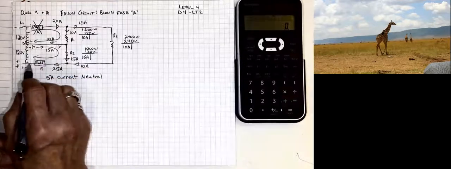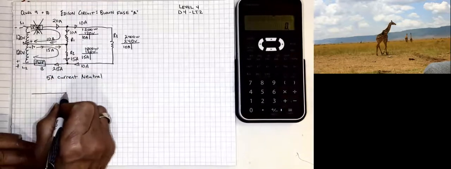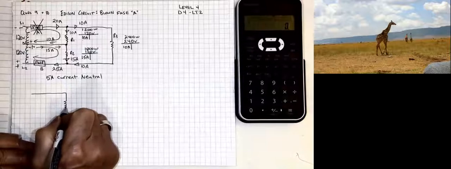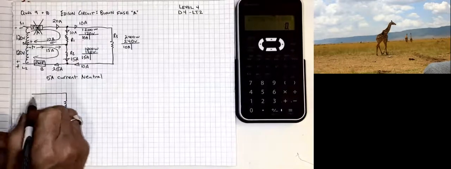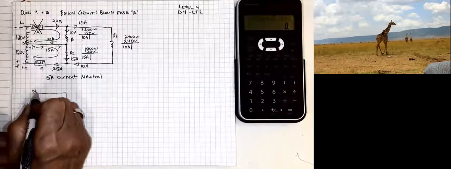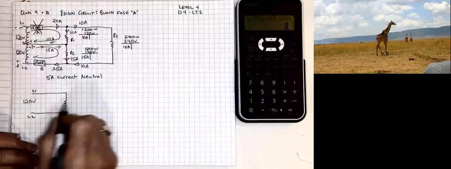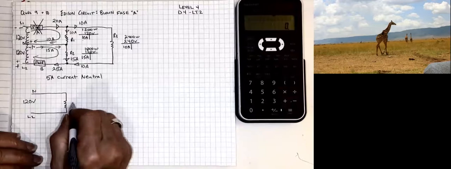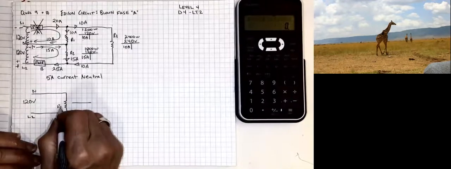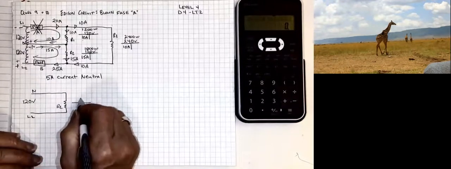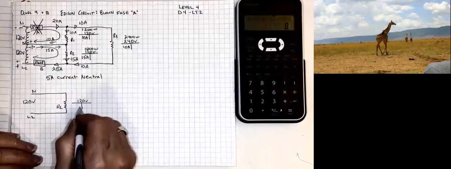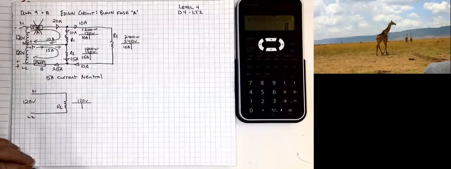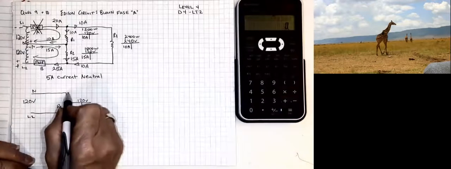I can go through R2, which would give me the normal path we would expect for R2, line 2, so out of the neutral, 120 volts, comes through, and we're going through R2, and R2 doesn't change. It was getting 120 volts, and it still is getting 120 volts.